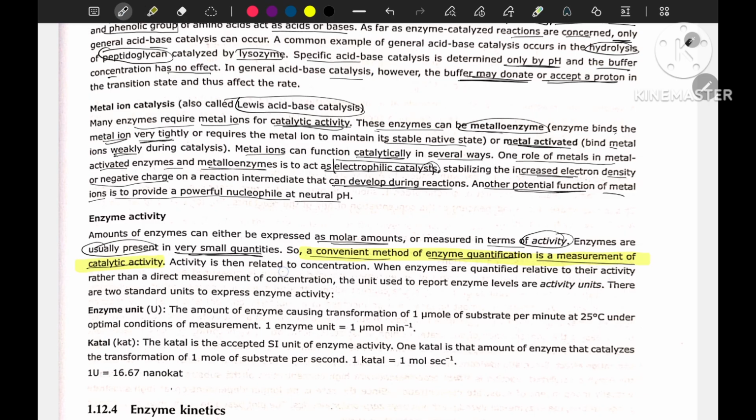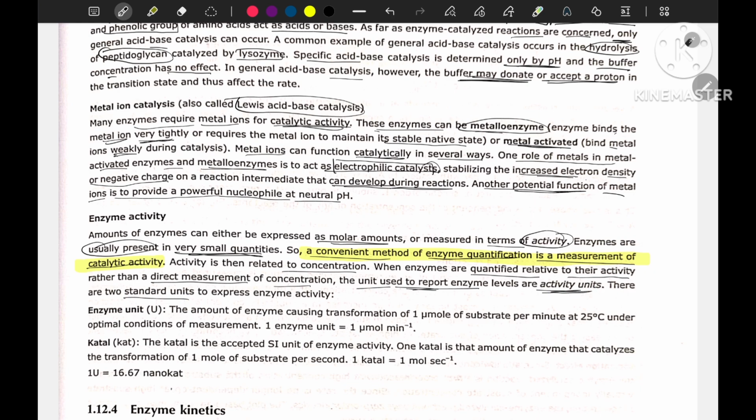Activity is then related to concentration. When enzymes are quantified by their activity rather than by direct measurement of concentration, the units used to report enzyme levels are activity units.